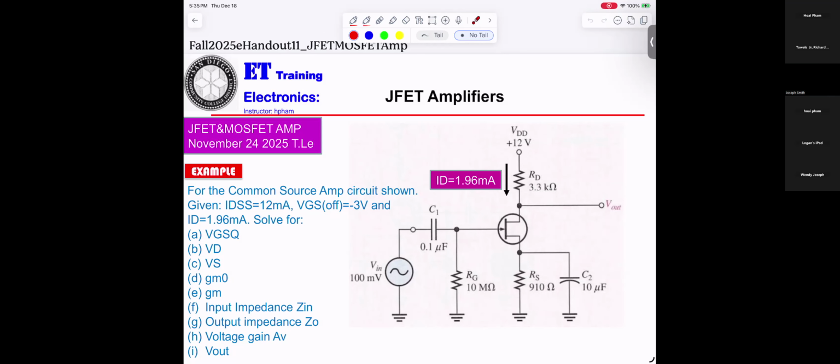What did you say the first one was? No. Right now I'm just asking. When you see the bias circuitry, you have to know what type of bias it is. I know the first one is fixed bias.